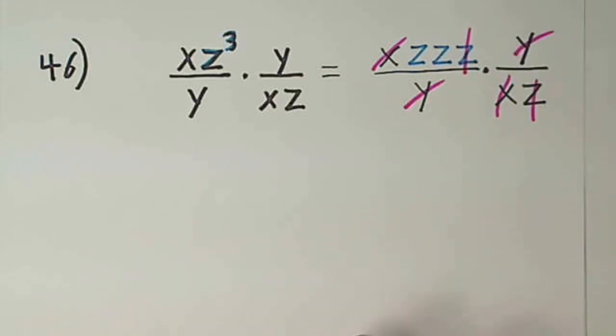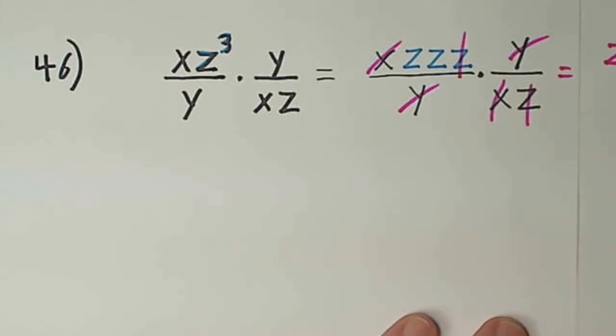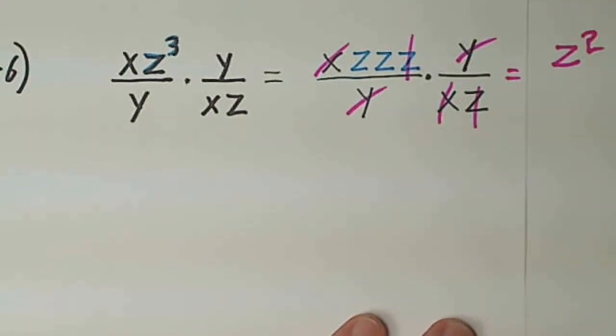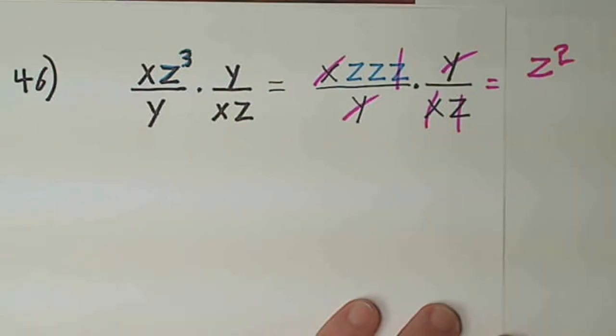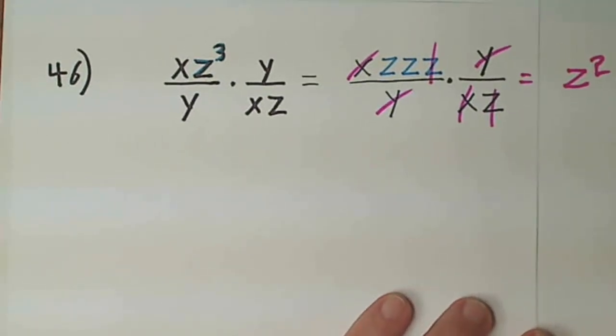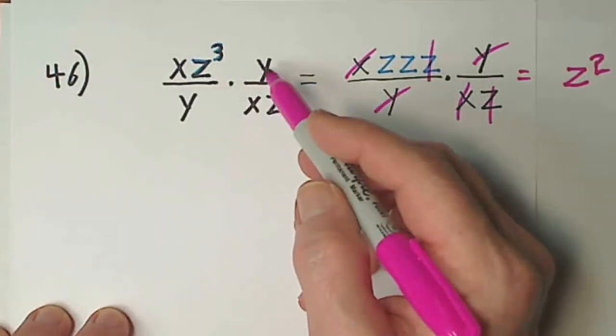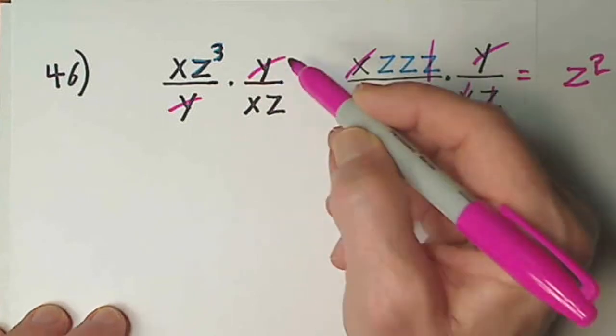You'll be left with two z's. All right, so this is equal to z squared over 1, but there's not much point in writing that. Sorry, I got off my page a little. Time to zoom out. There we go. But usually, instead of writing it out, I'm just going to clean it up right here. Okay, y goes into y once.